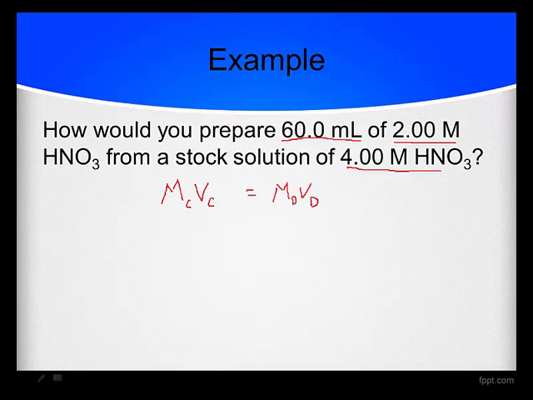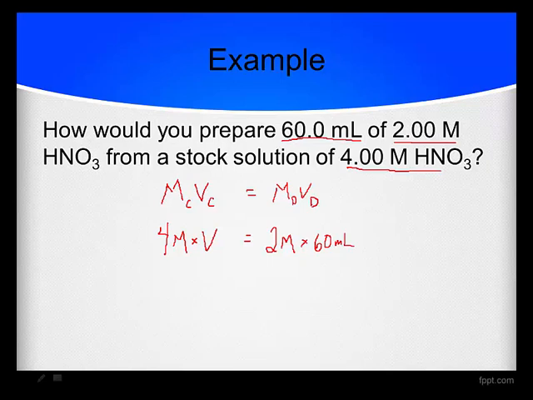So if I'm going to plug things in, it looks like the concentrated solution is 4 molar, right? So I'm going to write in for the concentrate 4 molar. We don't know what volume we need of that 4 molar. We do know that we want a 2 molar, and I'm not putting sig figs in, I apologize for that, times 60 milliliters.